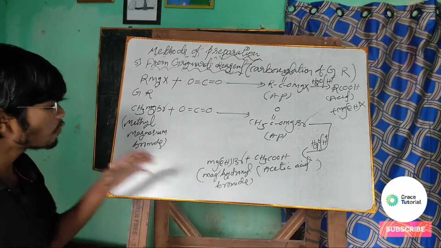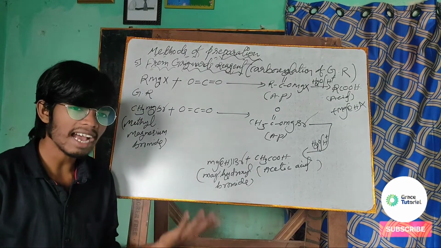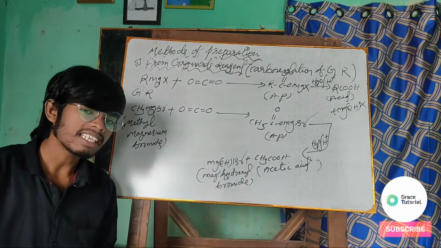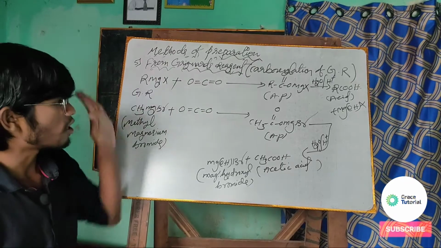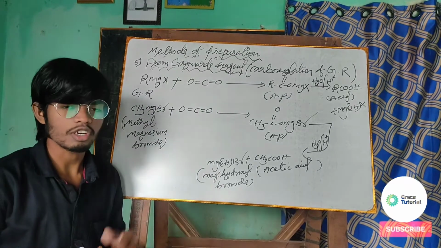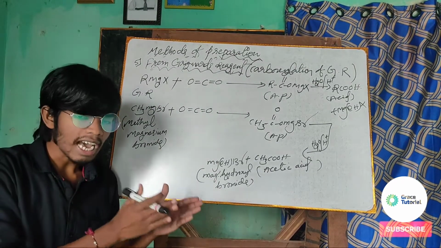In this way we can form the acid by different methods, starting from alcohol, aldehyde, hydrolysis of alkyl cyanide, hydrolysis of ester, and finally from Grignard's reagent, that is the carboxylation of Grignard's reagent. So these are the various methods of the preparation of carboxylic acids.